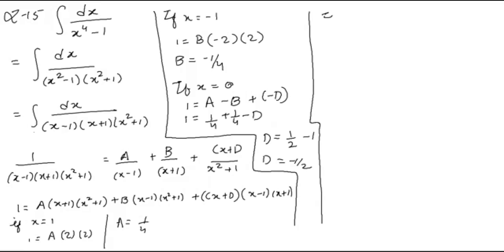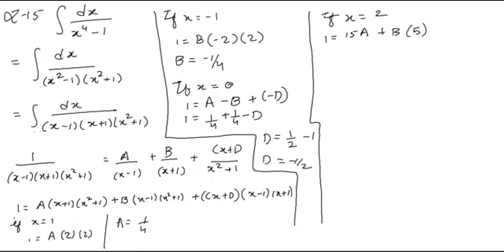Now I can keep any value of x as 2. So 3 into 5, 15a, 2 plus 1, 3, and 4 plus 1, 5. Here plus b into 2 minus 1, 1, and 4 plus 1, 5.